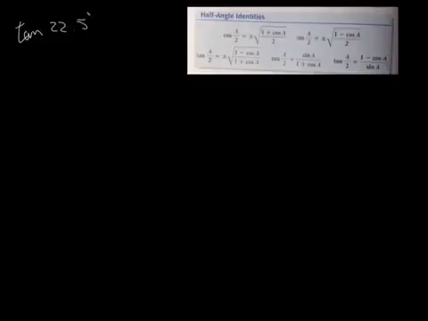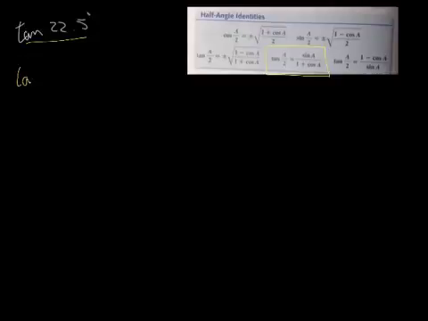Alright, for this next one, example 2, they want us to find the exact value of that, and they're specifying which of the identities they want us to use. That one right there. So, since 22.5 is half of 45, we're going to replace A with 45.